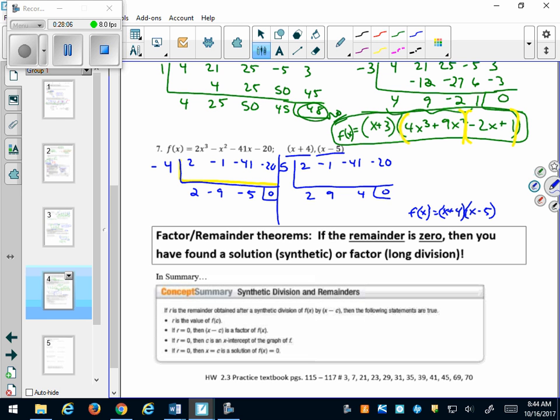So if I use this one, I have 2x squared plus 9x plus 4, and I want to factor that. I end up factoring it as x plus 4 and 2x plus 1.